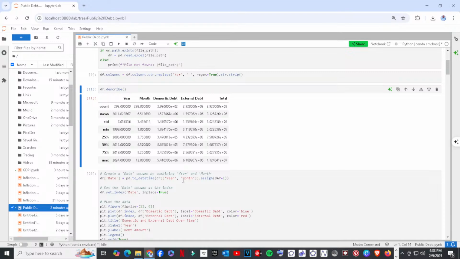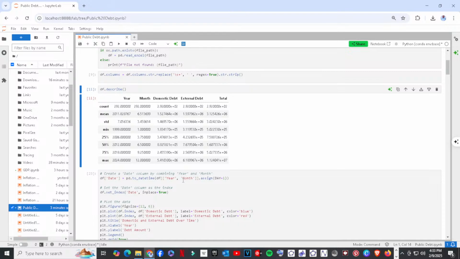And the range: domestic debt ranges from a minimum of 183 million to a maximum of 5.41 trillion. And external debt ranges between a minimum of 312 million to a maximum of 6.1 trillion.